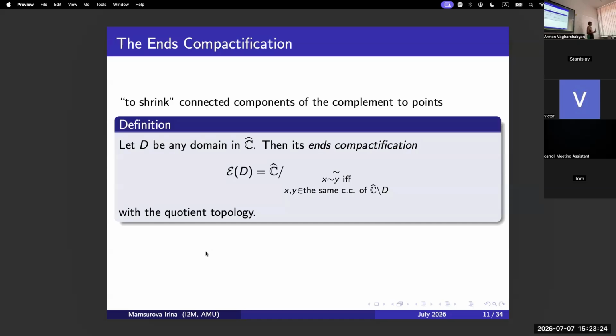And well, it's not evident, but if you did it countably many times, it will still be a sphere topologically.